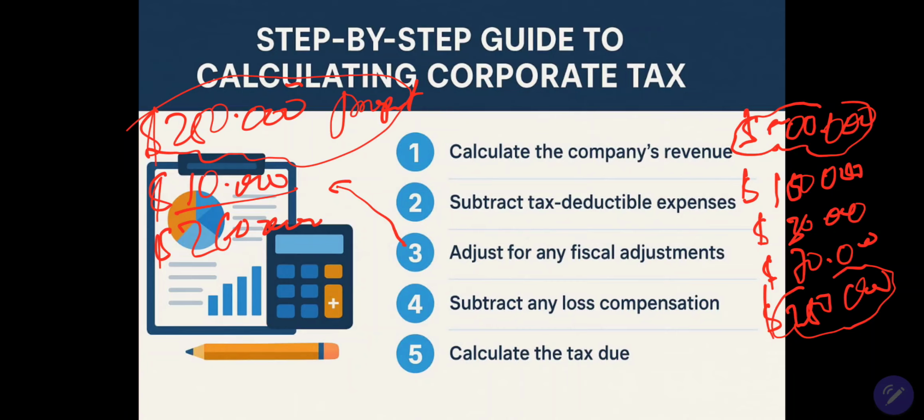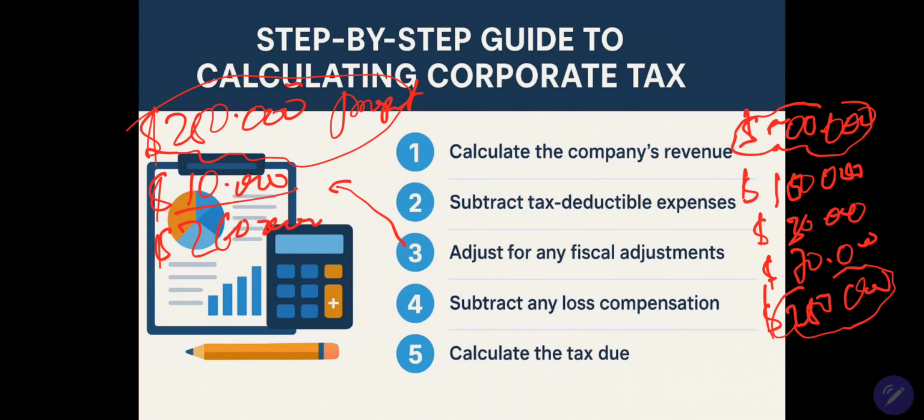Next, go to number 4, subtract any loss compensation. Subtracting loss compensation means reducing taxable income in the current year by using previous years' tax losses.